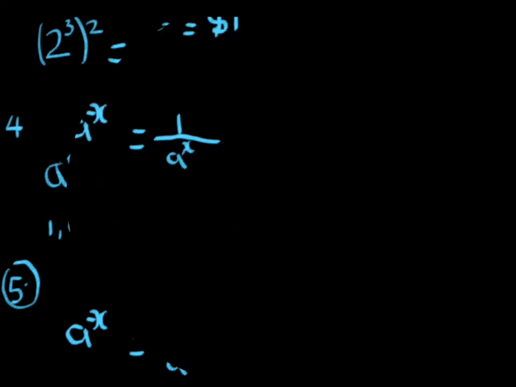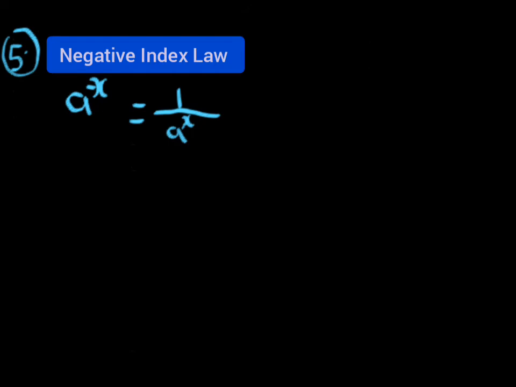A classic example here is 5 raised to power minus 2. We take the reciprocal of this value to eliminate the negative sign at our power.